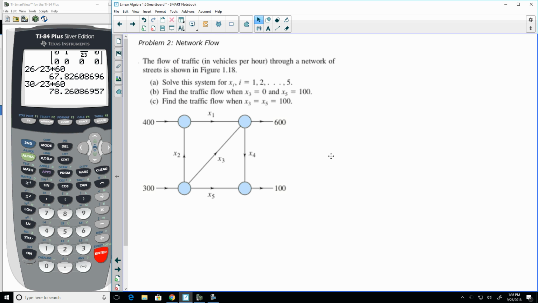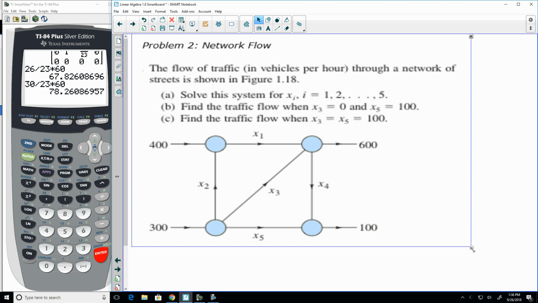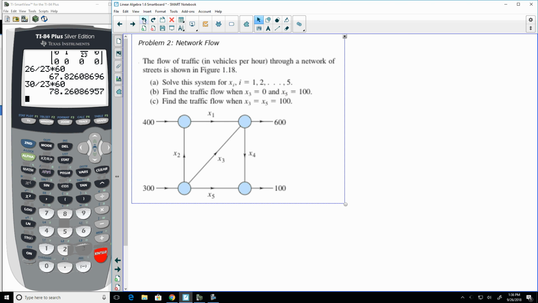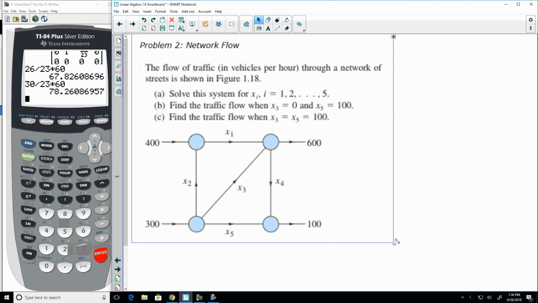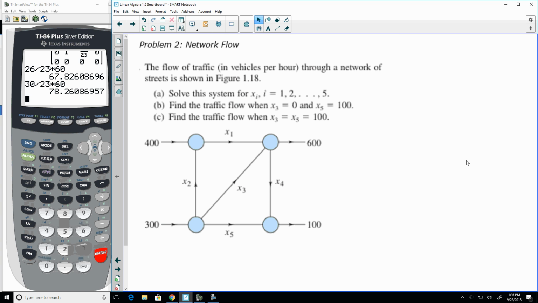Right, the next one's network flow. This is a very interesting problem. It's presented as if these are roads and intersections, and the flow is traffic.